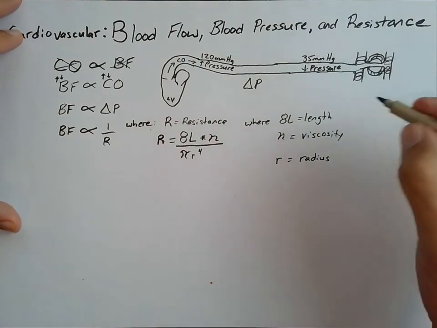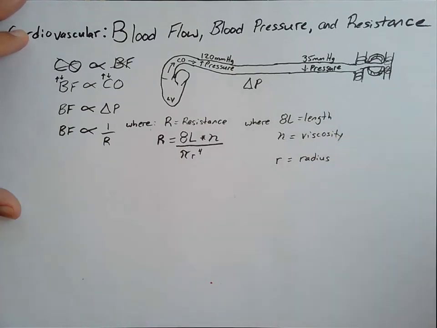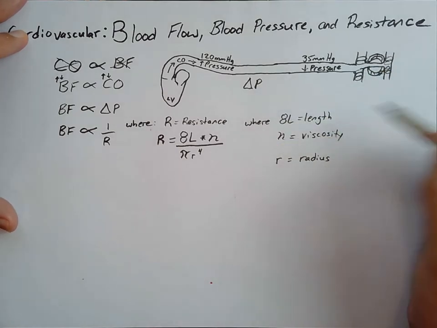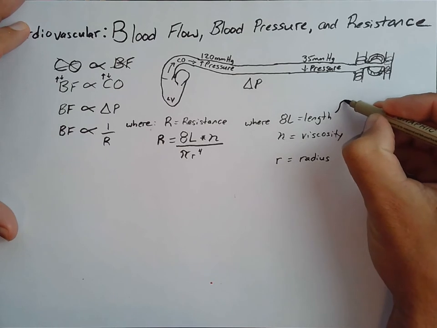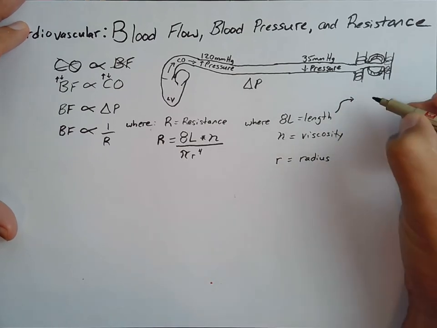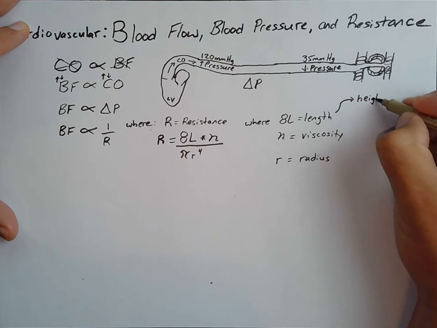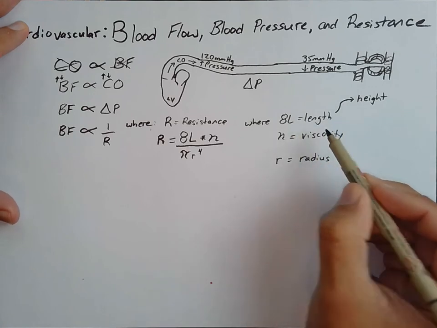We're going to come back to some numbers that relate back to this, but let's go ahead and think about some potential pathos, or just potential things to think about in a patient in terms of resistance and how length is going to affect that resistance. So let's go up here and say, what would happen if somebody was taller? Doesn't it make sense that the height of a patient is going to determine the length of their blood vessels?